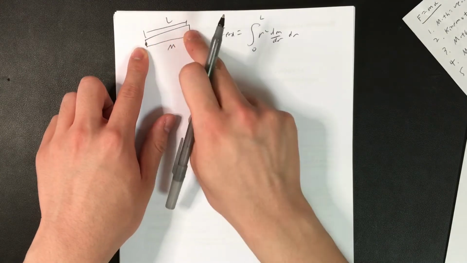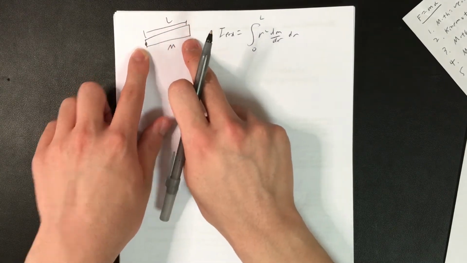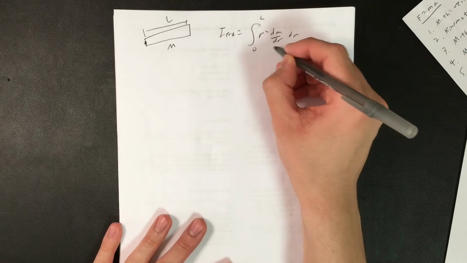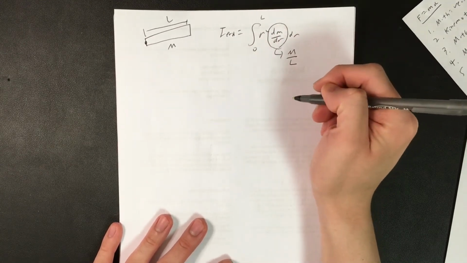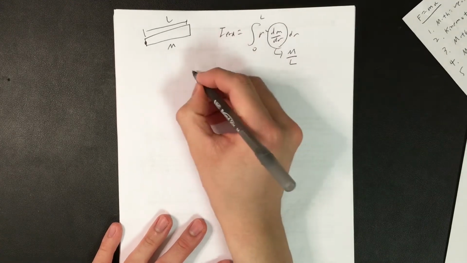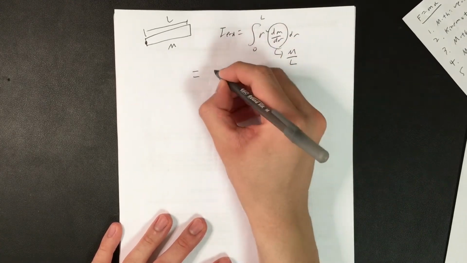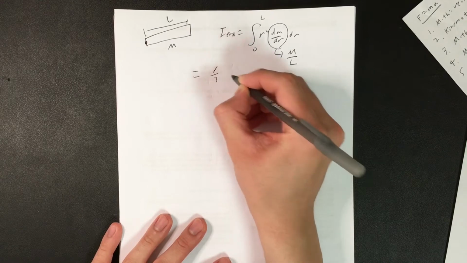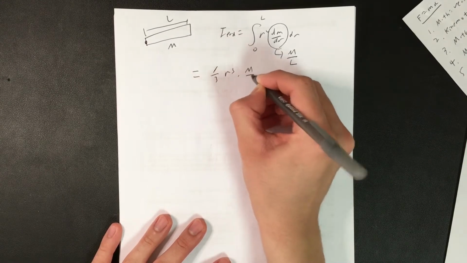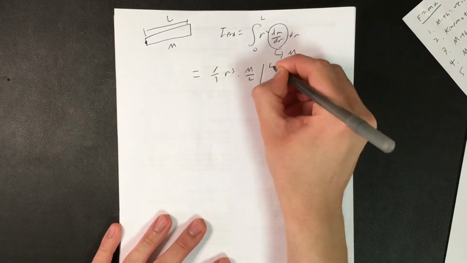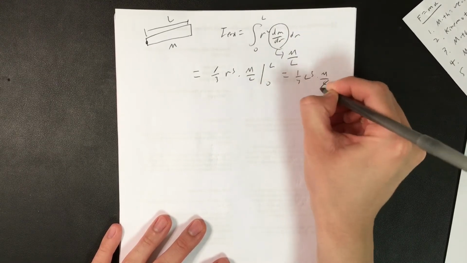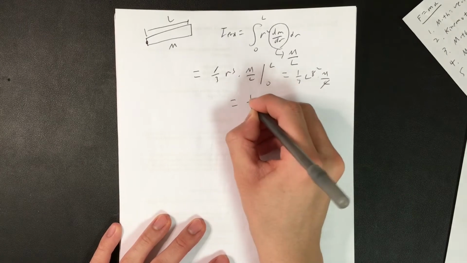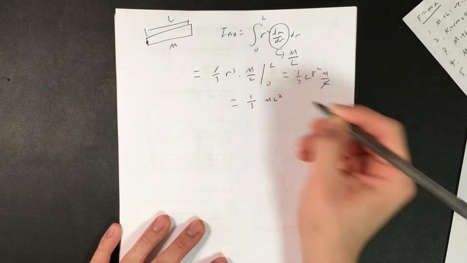But this time there's only one chunk of mass that we need to evaluate. And from the same logic as previously, dm dr is simply m over L since the mass length density is uniform. Therefore, evaluating this integral, this is simply 1/3 r cubed times m over L from the bound 0 to L, in which this is 1/3 L cubed times m over L, which becomes 1/3 m L squared.